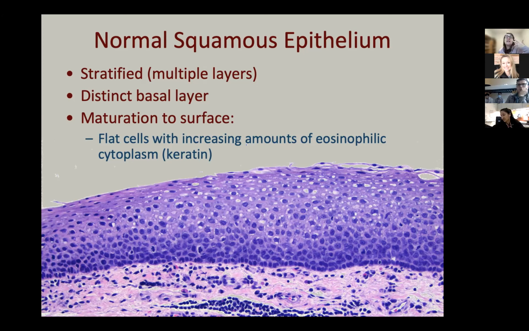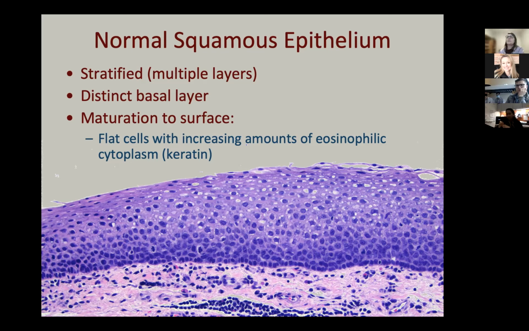Now we're getting a little out of context, but there are also other sites, for example, respiratory epithelium, that are responding to injurious stimuli, like smoking, and can undergo squamous metaplasia, okay? And hence you can get squamous lesions in sites that are not even necessarily natively squamous, okay?